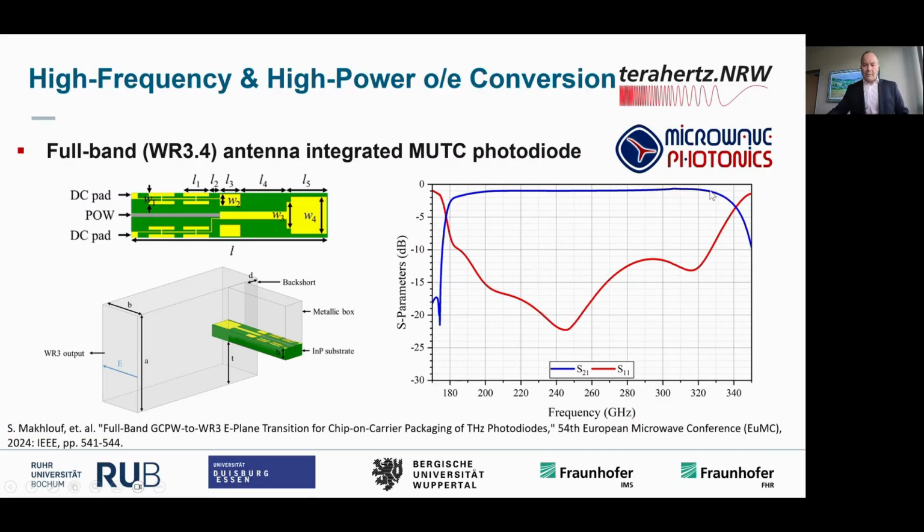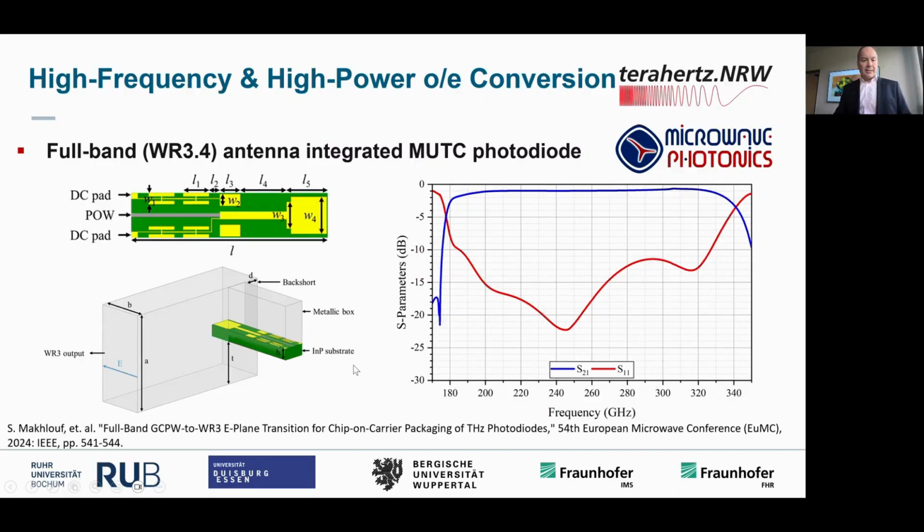A full band for the WR3 would be 220 up to 320, and here we are even wider than the full waveguide band. You see the transmission loss is quite low. This is the blue line, and the red line is the reflection loss. You see for the WR3.2 waveguide, we have a very low reflection loss. It's lower than -10 dB, so the input reflection is very low.